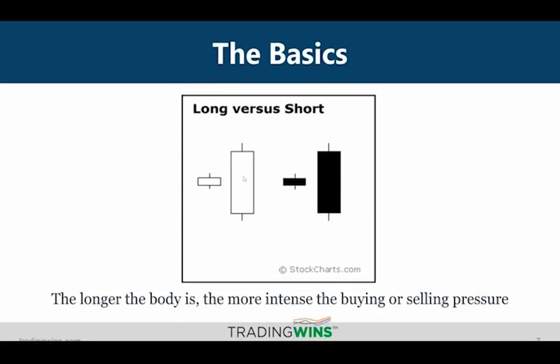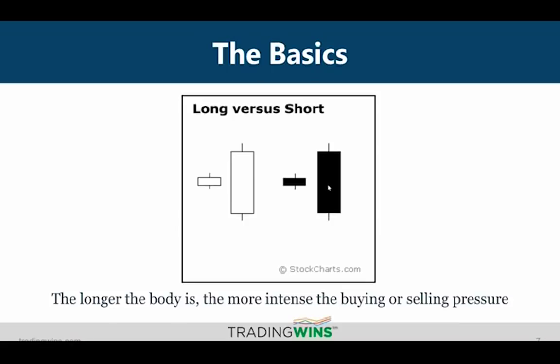This was a much bigger tug of war. And the other thing we can say is buyers clearly won this battle. They were able to push prices much higher than where we opened, okay? So this is a much more significant win for the buyers than a small candle, okay?